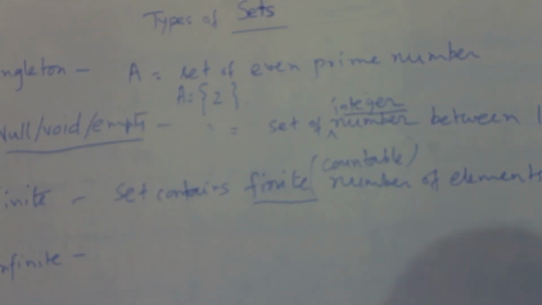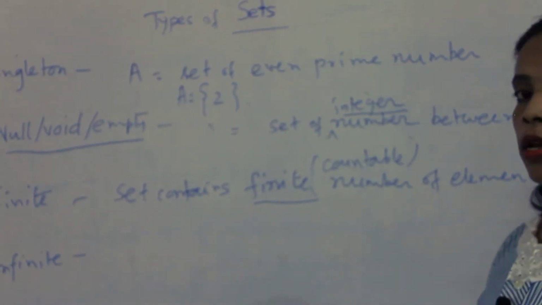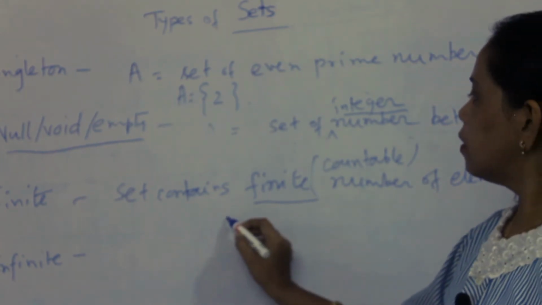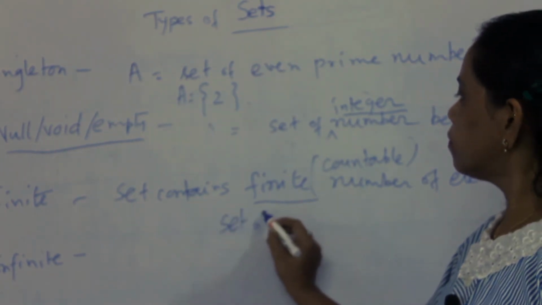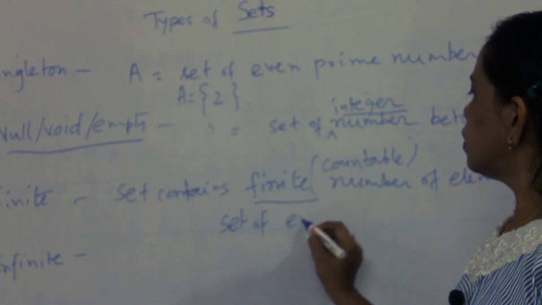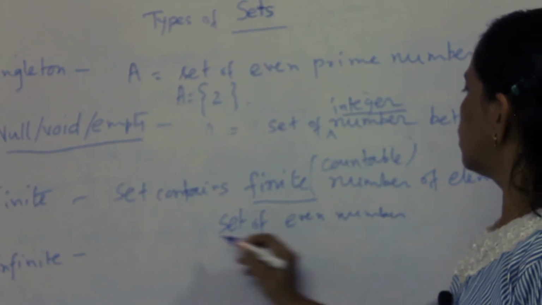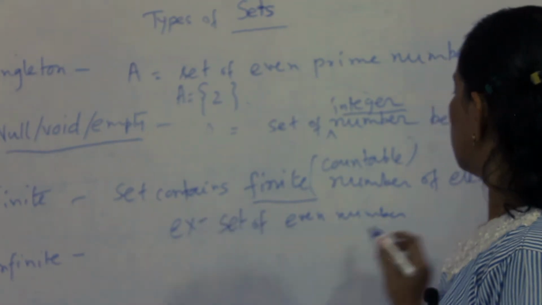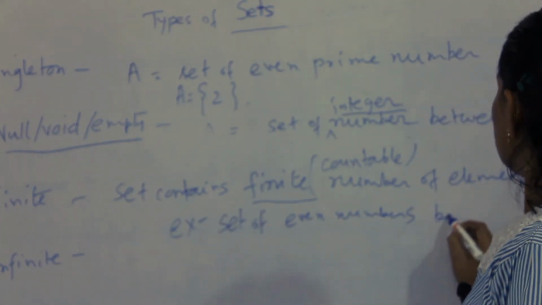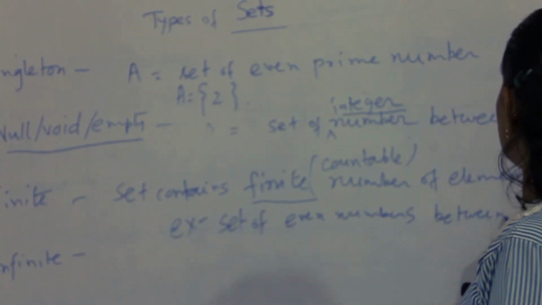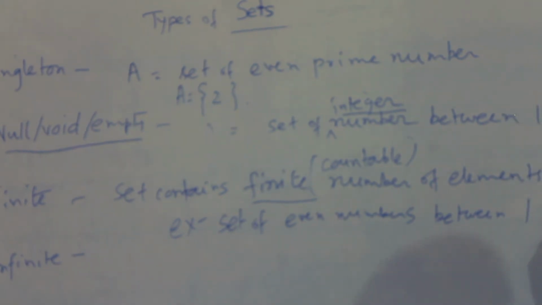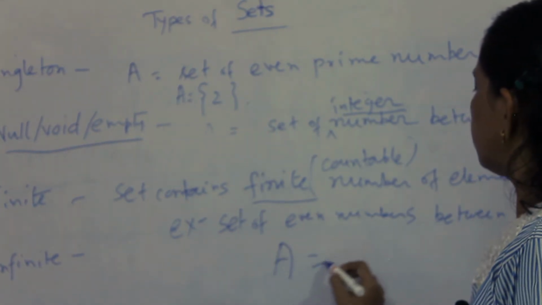So if I give you an example, the set of even numbers between 1 to 15. So what will be our answer? Suppose the set is this.